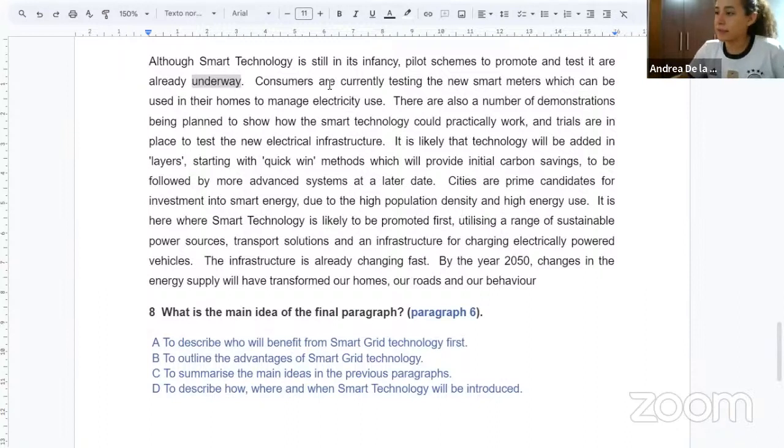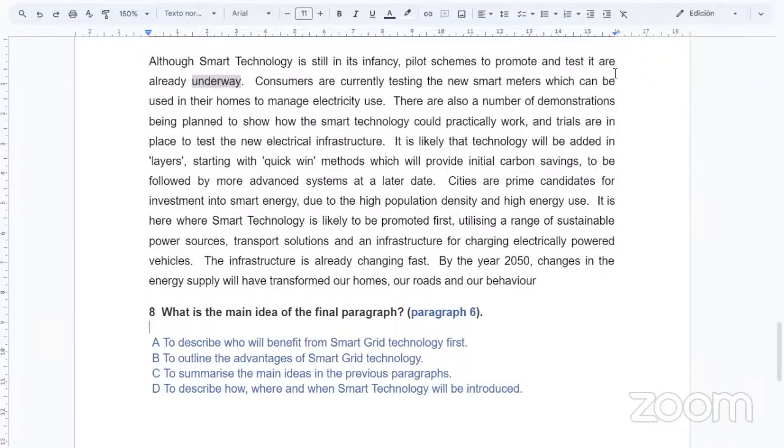So scan the text, tell me the main idea, and you should already have an idea as well because you've already answered a couple of questions about this paragraph. So what's the main idea of this final paragraph? Option D. Okay, do you guys agree?